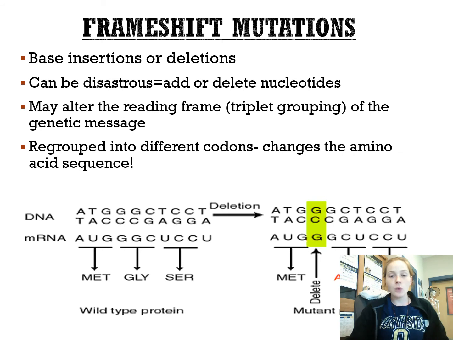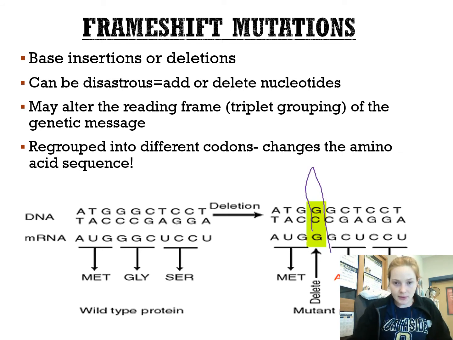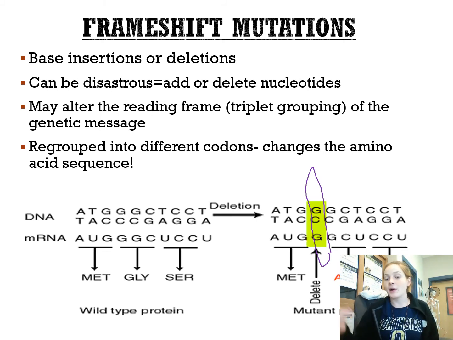And if you look, once this base right here got deleted, we went from GGC to GCU. And then the one after that was UCC. Now we have CCU. And so it's just going to keep happening. You're going to get the wrong amino acid, wrong amino acid, wrong amino acid after that point where something was inserted or deleted. So those can be really, really bad.